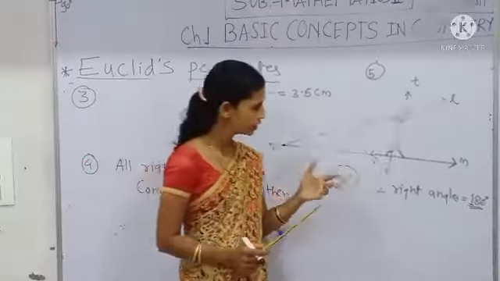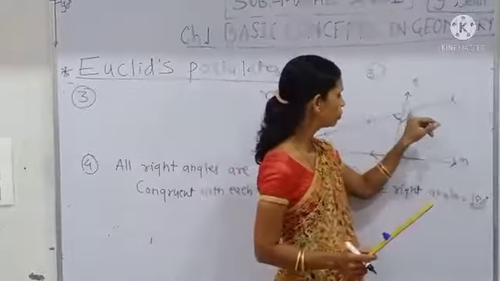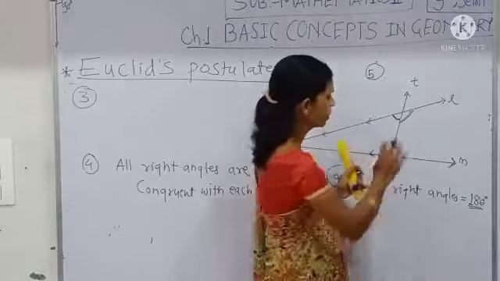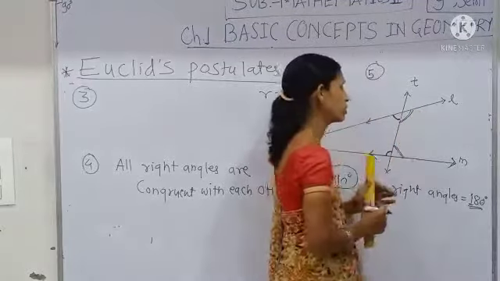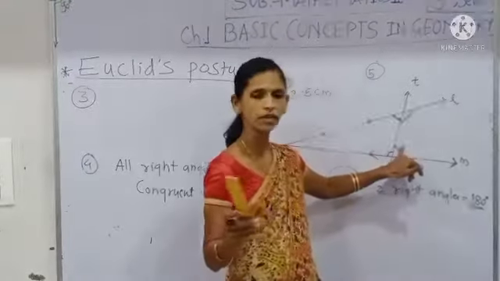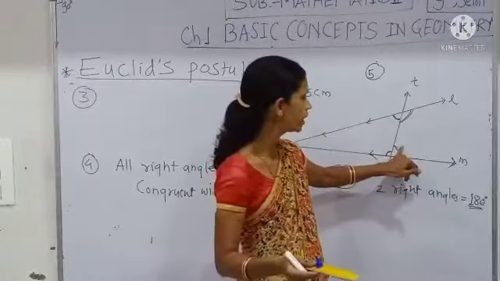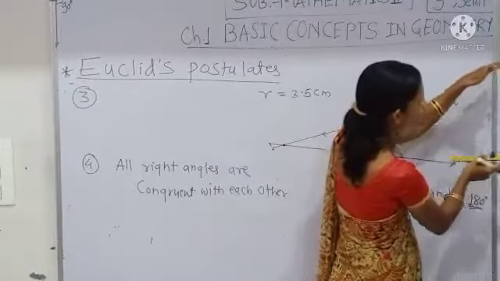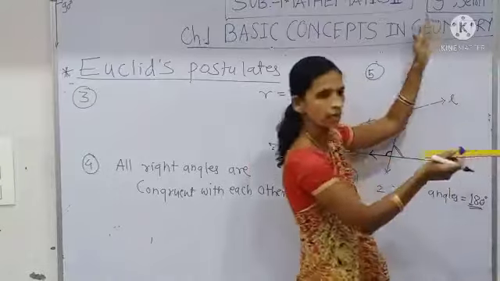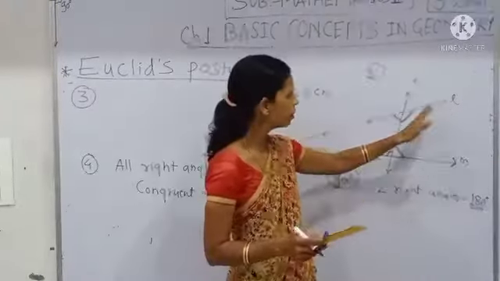And if the two interior angles formed on the other side of the transversal are greater than 180 degrees, then these lines, if produced on that side, cannot intersect on that side.